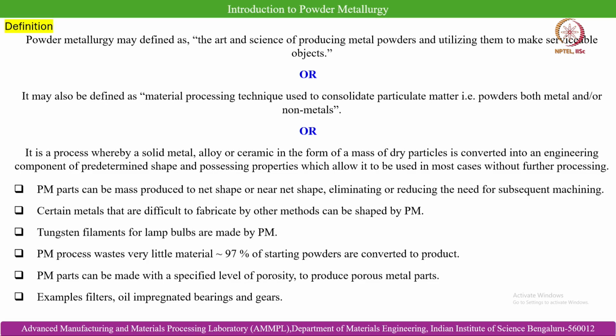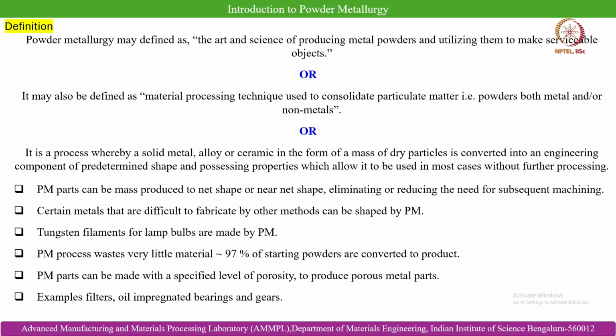Powder metallurgy is basically a near net shape manufacturing process. You can also call it a net shape manufacturing process, but there are some instances when we need to go for post machining operations, though they are very infrequent. Often our end goal is to develop the parts in net shape. It can be defined as the art and science of producing metal powders and utilizing them to make serviceable objects.